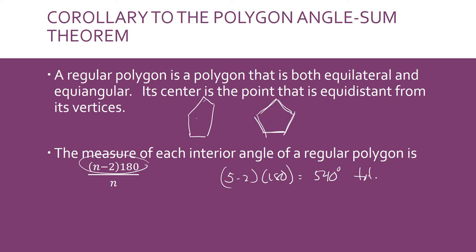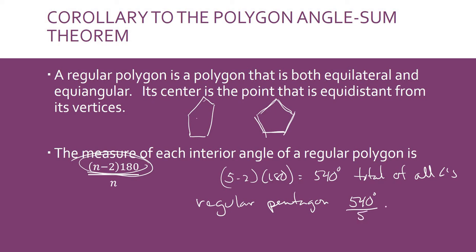That's the total of all the angles. But in a regular pentagon, each angle is our 540, the same thing, divided by 5, or 108 is the measure of each angle in a regular pentagon.